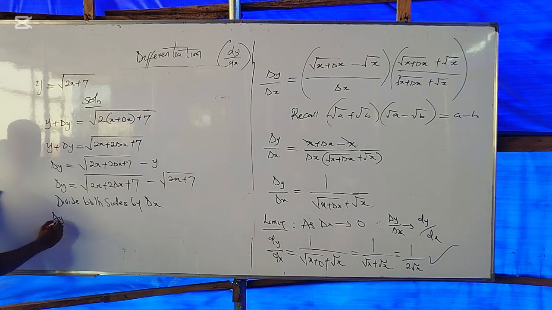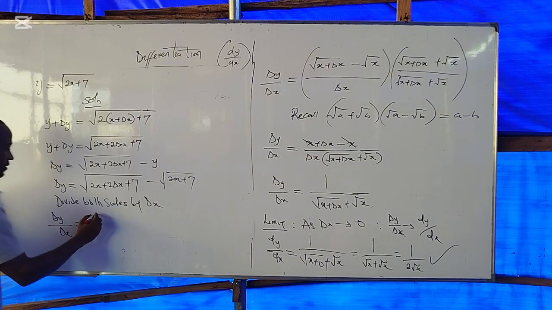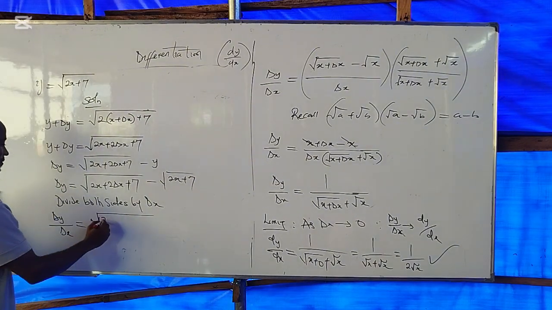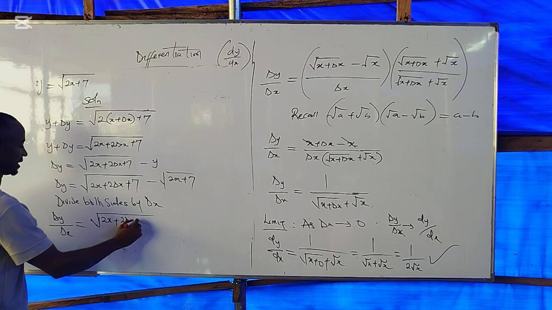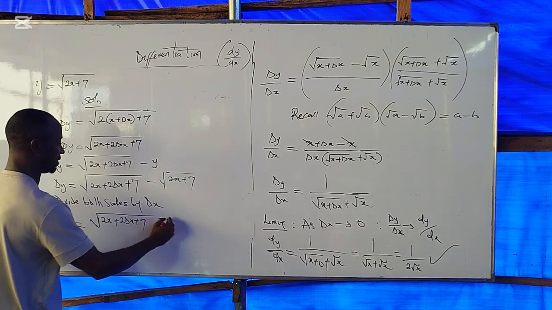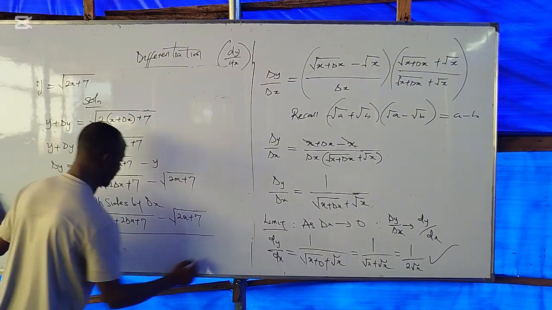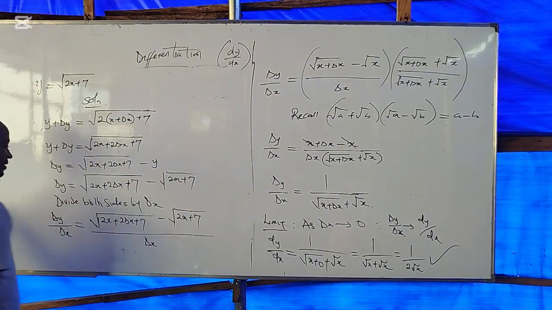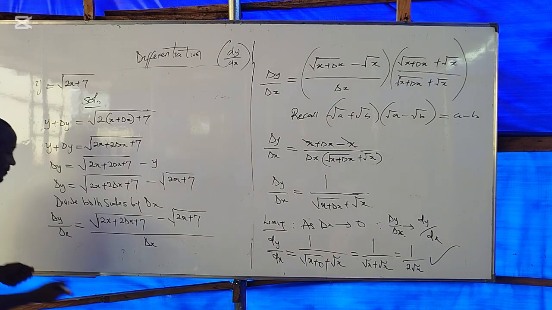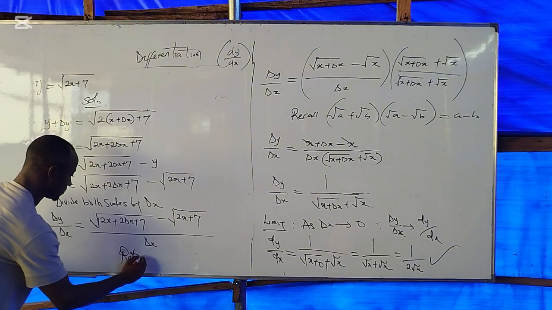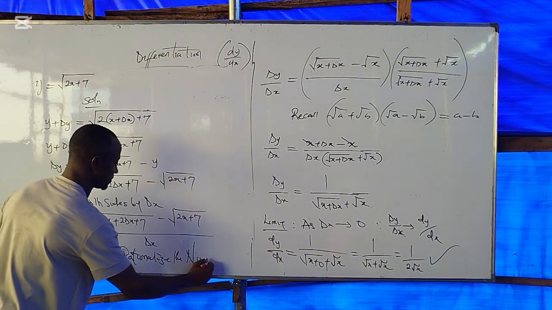This will give us delta y over delta x equals square root of 2x plus 2 delta x plus 7 minus square root of 2x plus 7, all divided by delta x. So what's the next principle? We have to rationalize the numerator.